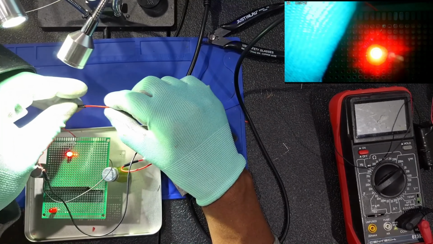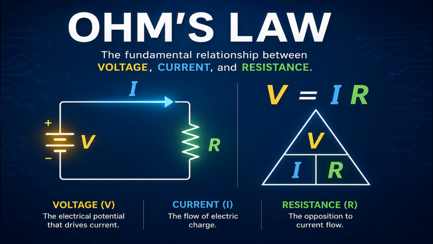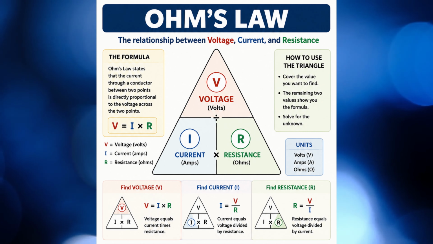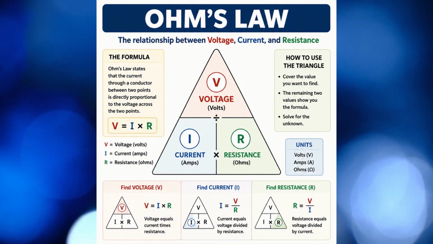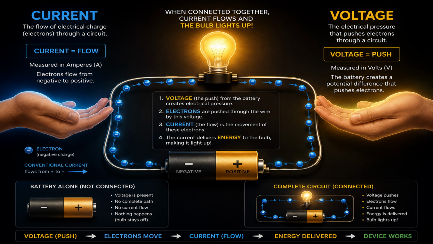And with the resistor, I have some resistance happening here, and that's where I'm going to discuss more about Ohm's law, what I learned about Ohm's law, and how important it is to figure out what voltage, what current, what resistance you need when you're doing a circuit. So earlier I said voltage and current work together to bring the charged electrons through the wire to the light bulb or the LED to light it up.